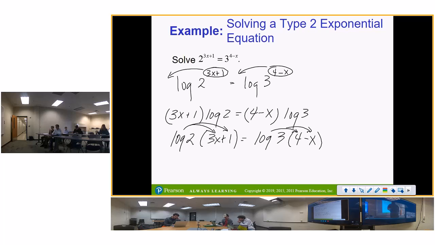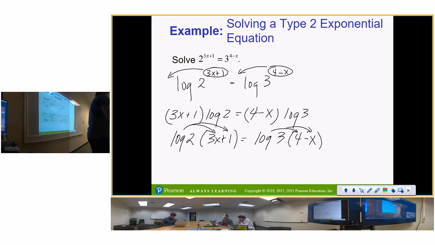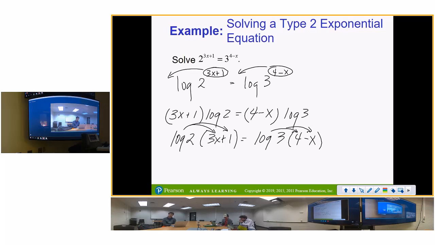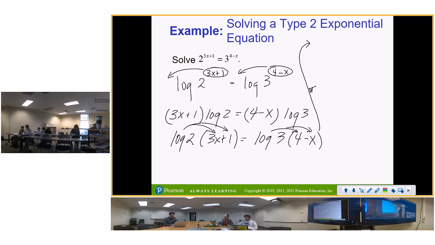Now, you can change that log of 2 to a decimal if you want to and distribute. Or you can leave it as a log. I don't care. Somebody take the log of 2 for me. What do you get? 0.3.